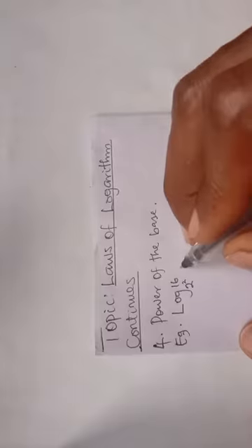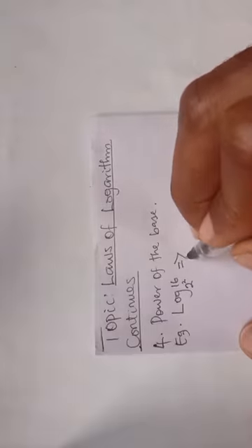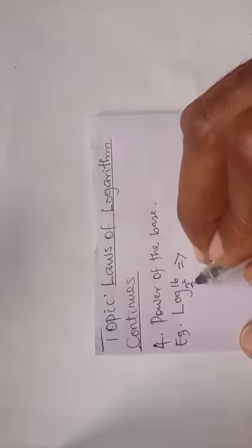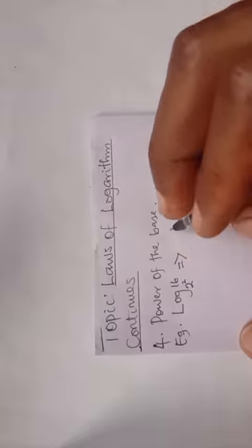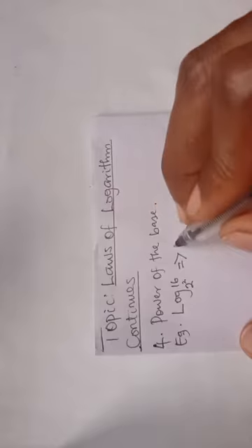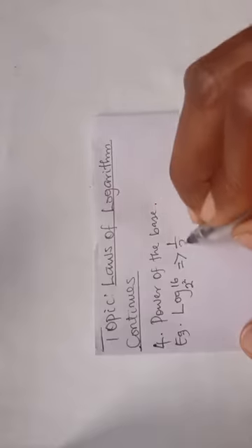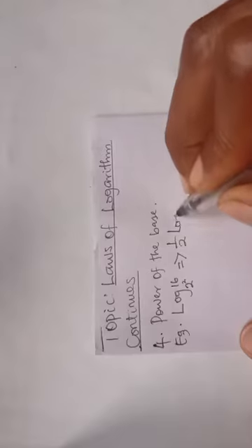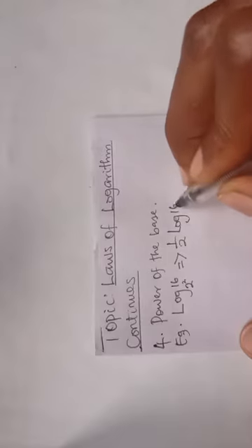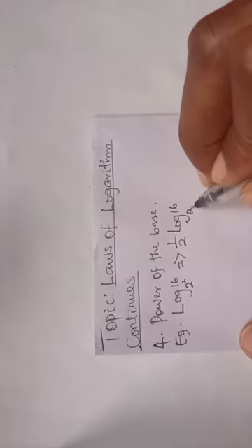This implies that I'm going to multiply this log with the reciprocal of this power. The reciprocal of 2 is 1 over 2. So I have 1 over 2 log 16 to base 2. Is that okay? Are we following?